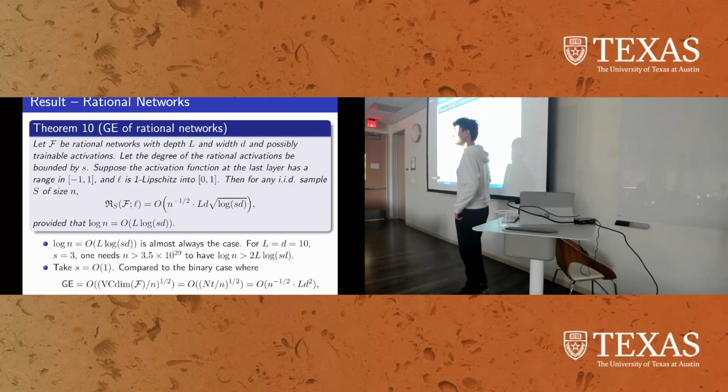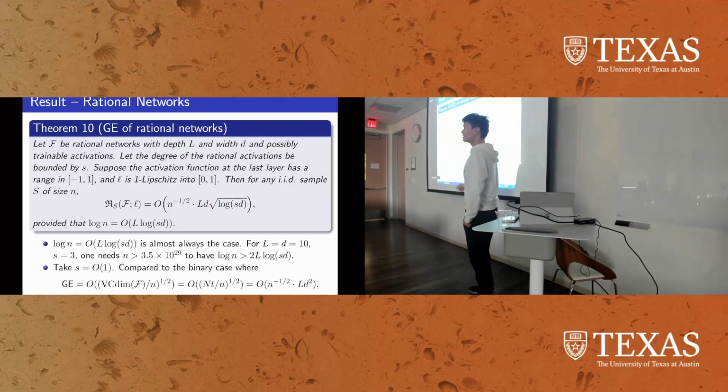When n goes to infinity with L and D fixed, it will be underparameterized. But you can also fix n and let L and D go to infinity, and this bound also holds. If it's underparameterized, it will measure the dimension of the embedded space. It's essentially the dimension of the hypothesis space F.